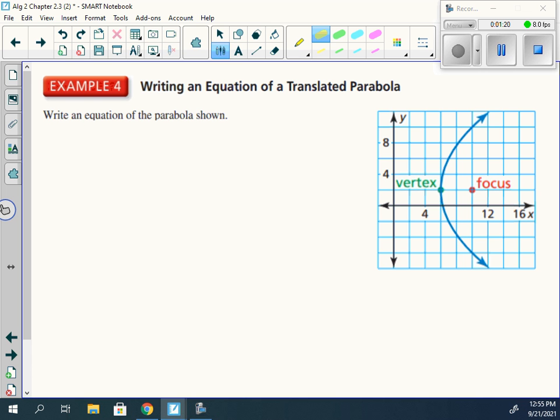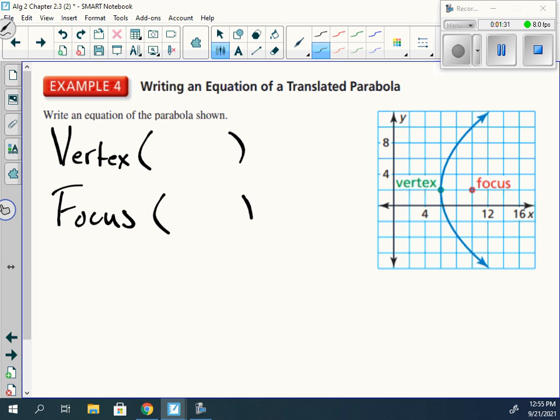Now, they give us the vertex and the focus. So when we look at the graph, they tell us the vertex is 6, 2. On the x-axis, they're going by 2, so 2, 4, 6.